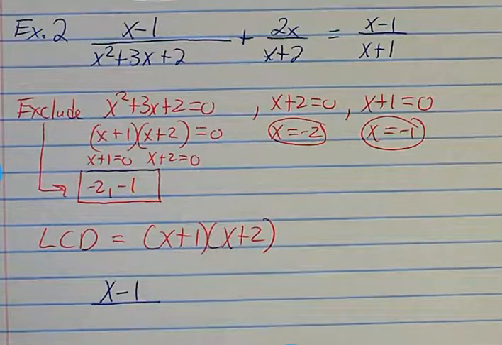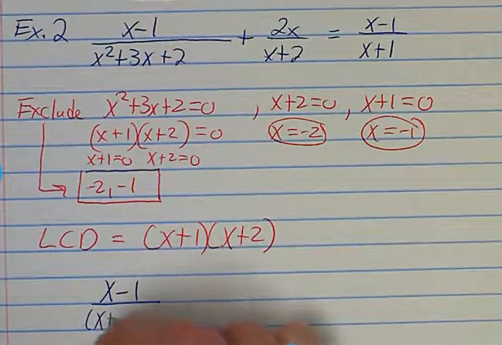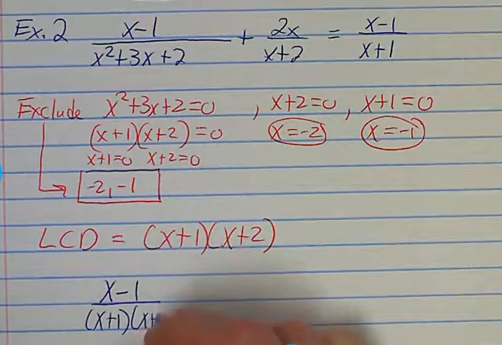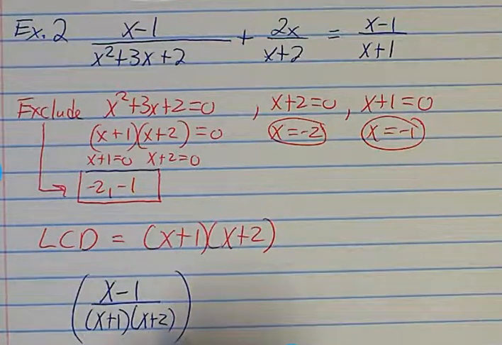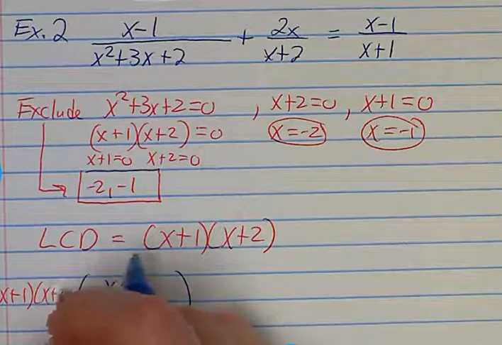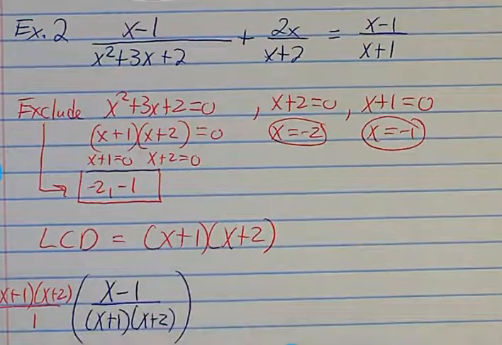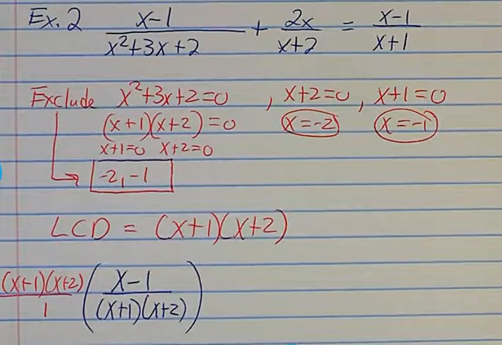Alright, so now we're going to go back. Again, we factored this one off as x plus 1 and x plus 2, so let's rewrite it that way. And we're going to take every single thing here and go back and multiply it by x plus 1 and x plus 2. Again, if you want to put that over 1 just to hold it so we know that x plus 1 and x plus 2 is in the numerator, we can do that.